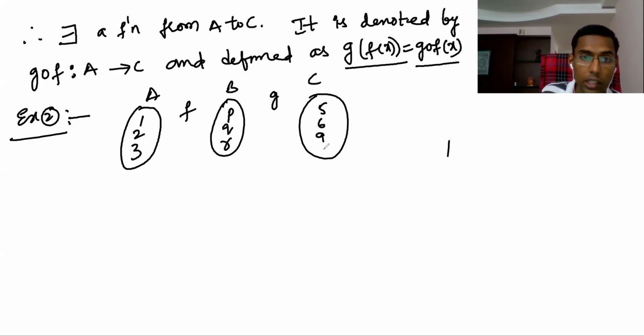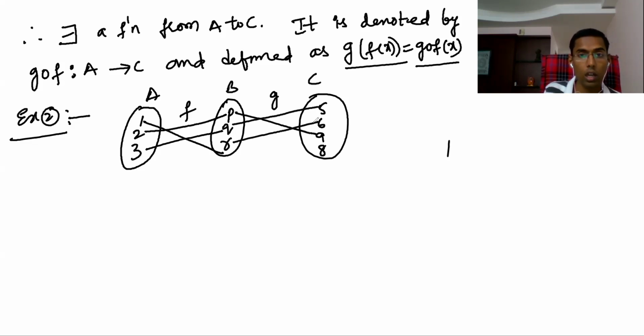If I map like this, P to 9, Q to 5, and R to 6.